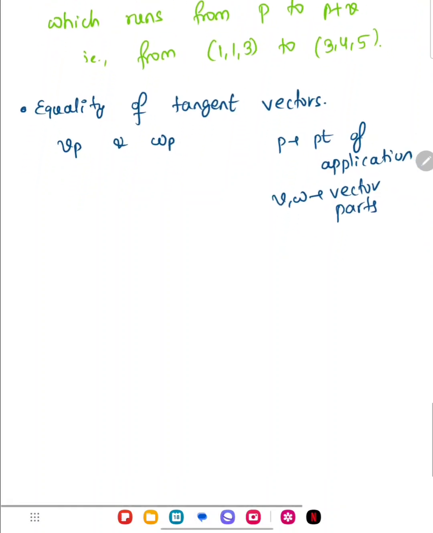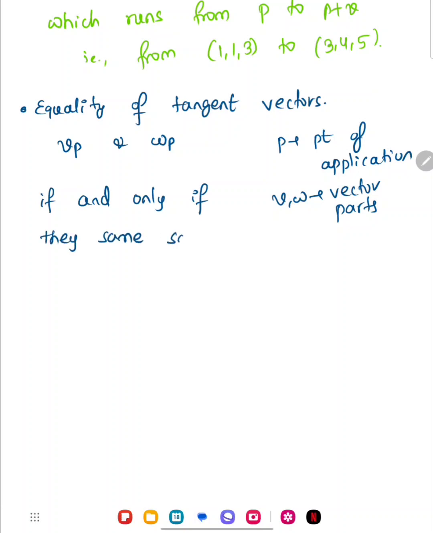These two are said to be equal if and only if they have the same vector part, that is, V is equal to W.